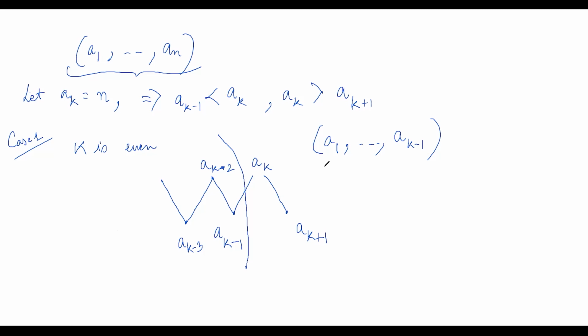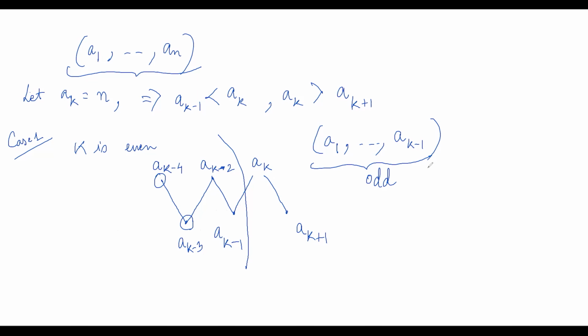As we know, here we have an odd number of terms, since k is even, k minus 1 is odd. So start from ak minus 1, if you go up to ak minus 2, and if it ends above, then you are going to have an even number of terms, right? But if it ends below, then you are going to have an odd number of terms.